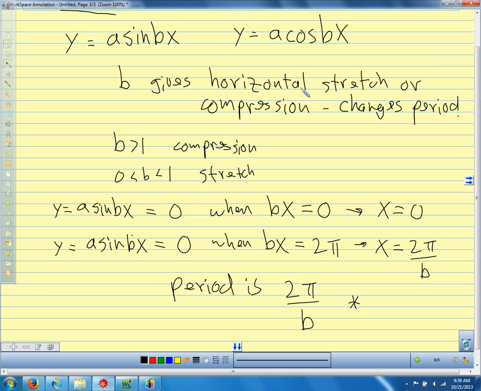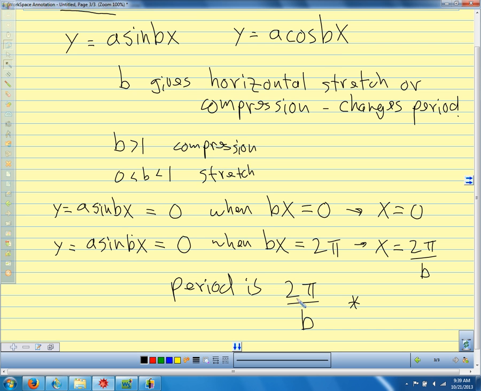So we take our period, divide it into 4 equal pieces. We're going to have a maximum, an intercept, or a minimum at every quarter period increment. We just start with our new period. So the A, our amplitude, stretches vertically, compresses vertically. B changes our period, and it compresses or stretches horizontally.